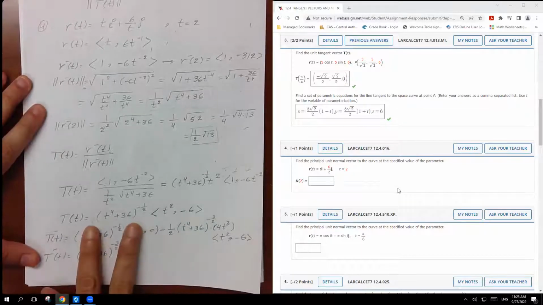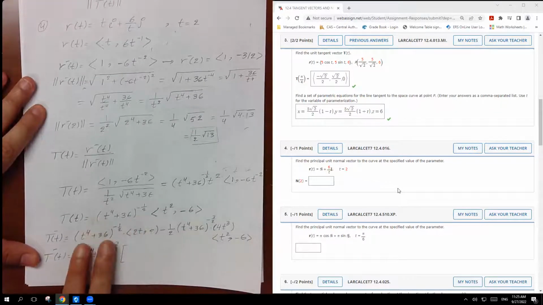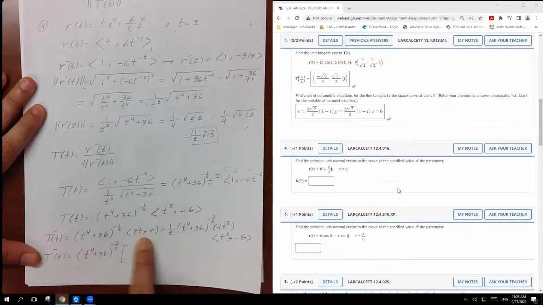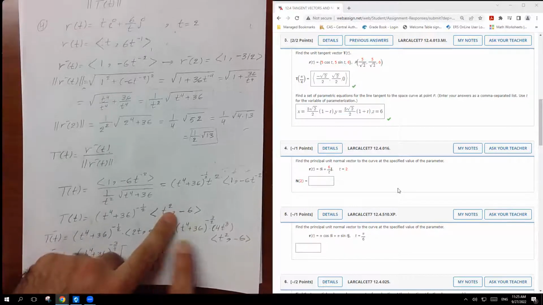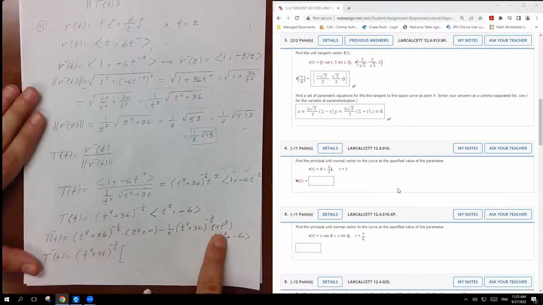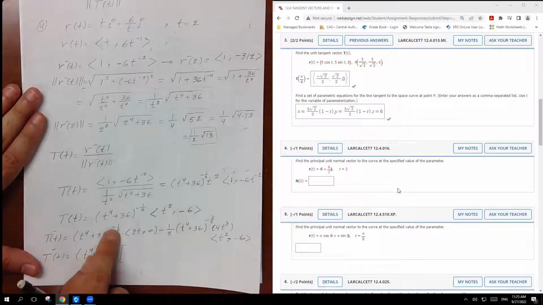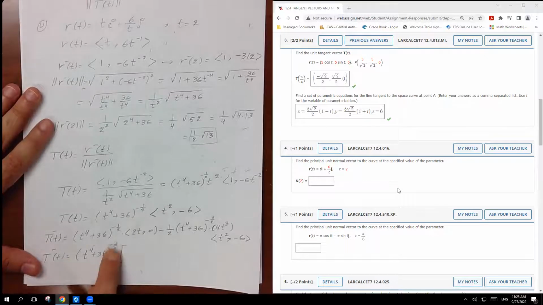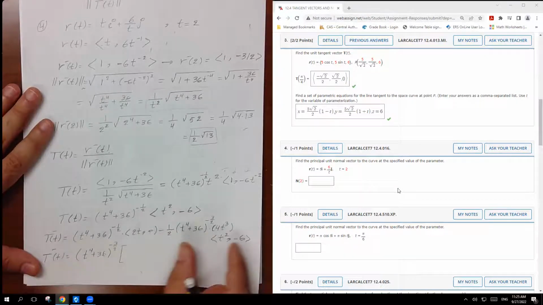So that's what we're going to do here. The derivative of the first one times the derivative of the second one minus the second one here. The derivative of the first one, negative 1 over half. This one minus 3 over 2, 4t cubed. Minus this one, that means I can take t to the power 4 plus 36 as a common factor out.